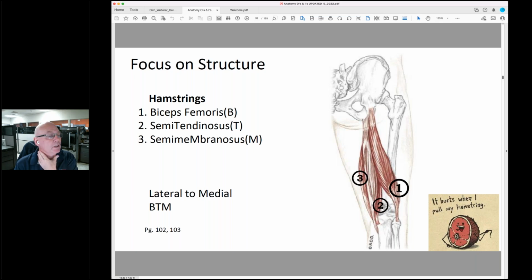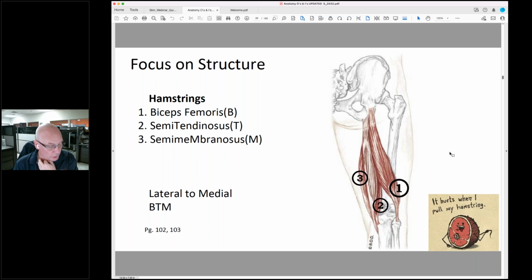No? What does BTM stand for? It goes to the bottom is the answer. Yeah, thank you, Crystal. It goes to the bottom. All right, they all come and attach to the sit bone, or the ischial tuberosity. So it stands for bottom, and that's lateral to medial, BTM. Semimembranosus is the most medial. Biceps femoris is the most lateral.